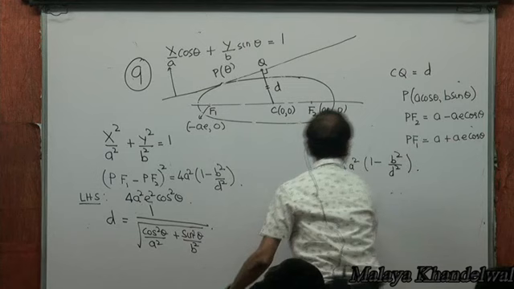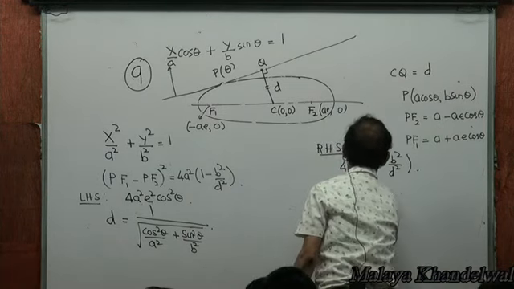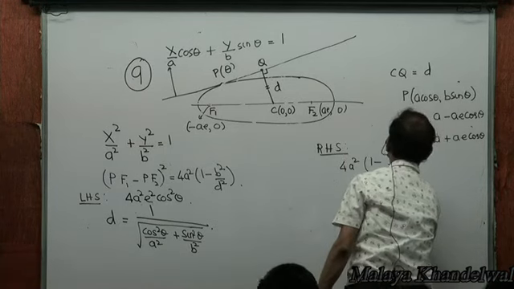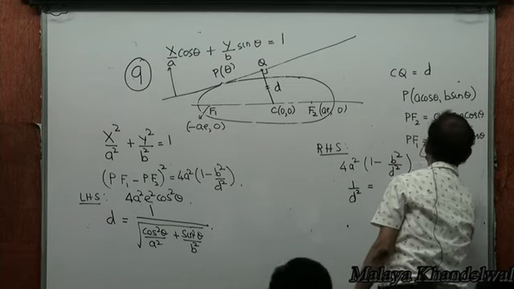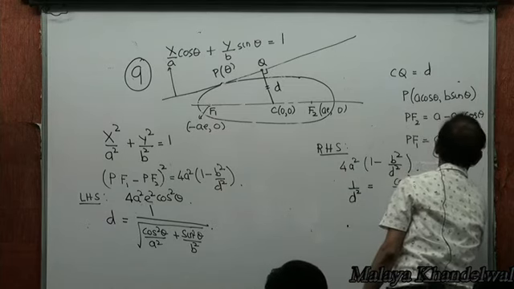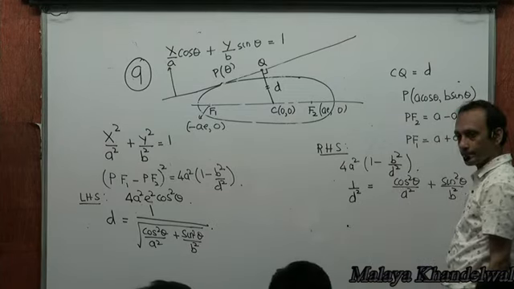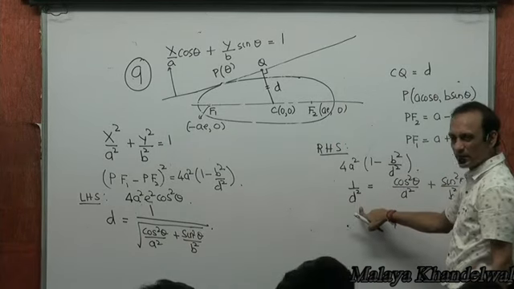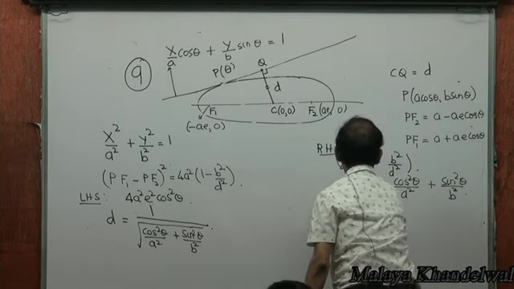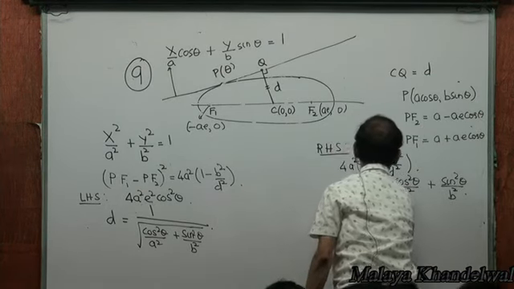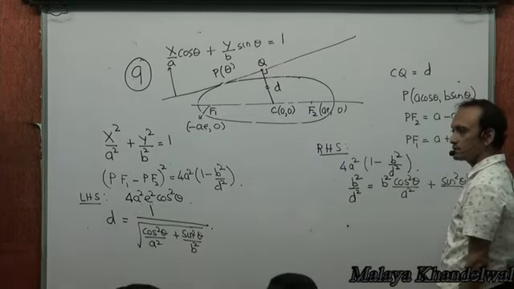We need 1 by d squared. So 1 by d squared is cos square theta by a squared plus sine square theta by b squared. I need b square by d squared, so let me multiply by b squared. This is what happens. Yes or no?